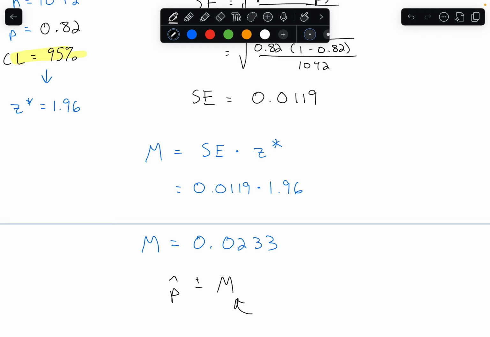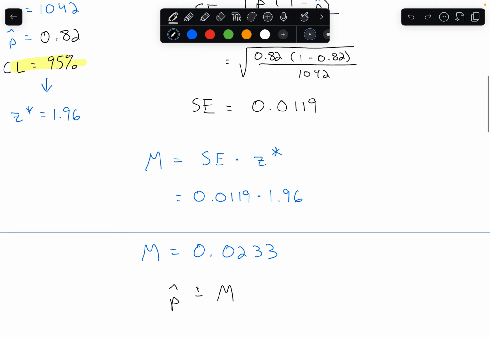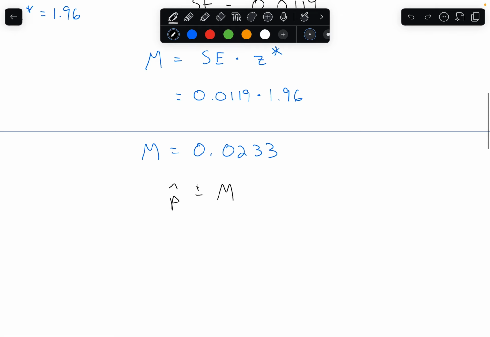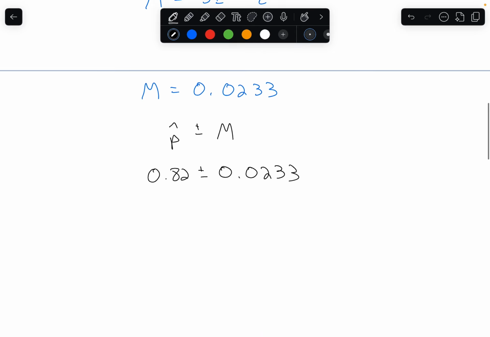And then the margin of error is attempting to account for some of that sampling bias that we talked about earlier on in this chapter. So p hat, we said, was 0.82. So 0.82 plus or minus my margin of error, which is 0.0233.